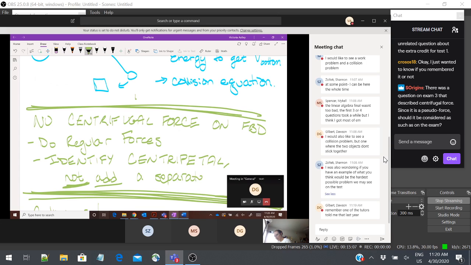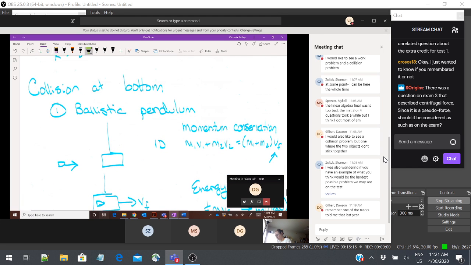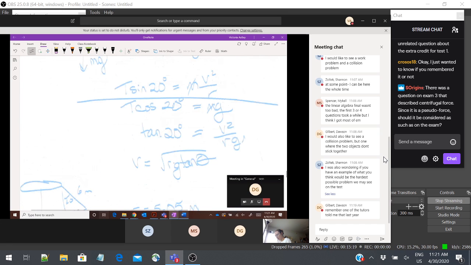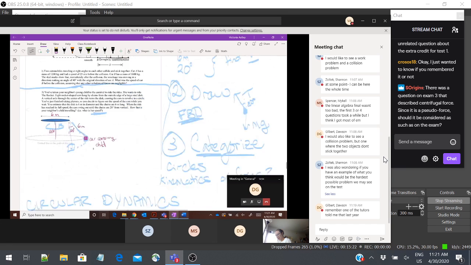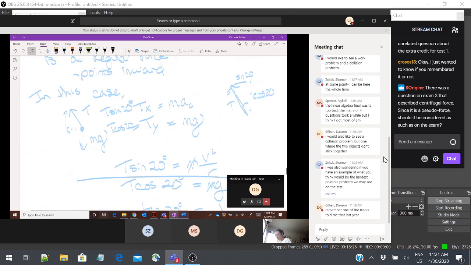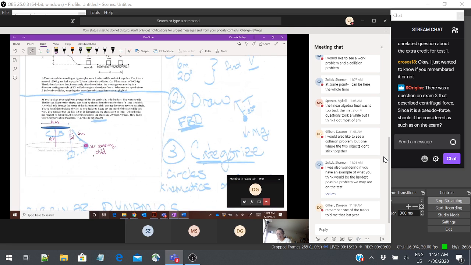So this is something that a lot of students have trouble with. Like you have something being spun around on a string. I did one of these yesterday. Right, this was the question from exam 3. The only forces on this person being swung around in a circle were tension and gravity.